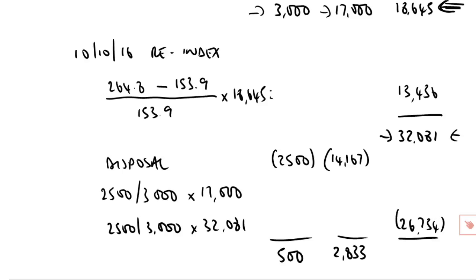And when we take out the index cost of 26,734 from the 32,081, then the 500 shares that remain would have an index cost of 5,347. But the really important information here is what goes with the 2,500 shares sold, because it's now that disposal that we need to compute the chargeable gain on.